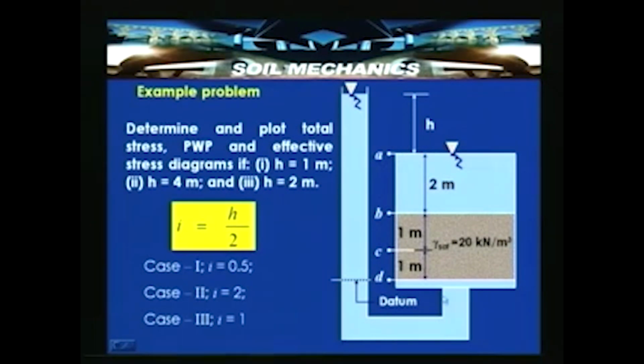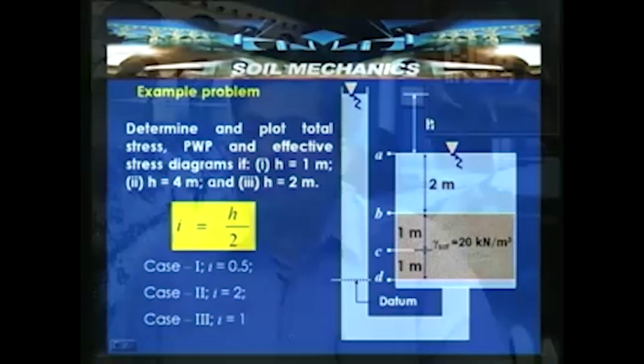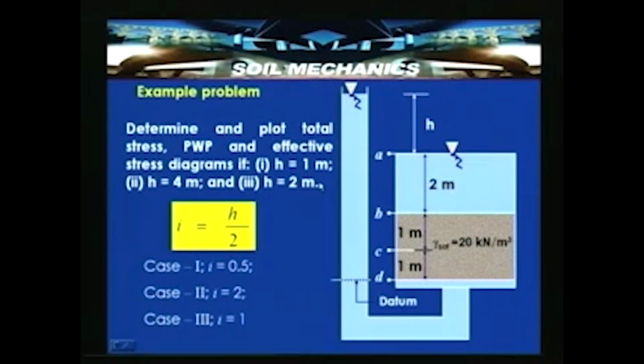The stem is connected, and at a height h above, there is a water level maintained. The problem is to determine and plot the total stress, pore water pressure and effective stress diagrams at A, B, C, D. In case 1, h is equal to 1 meter; in case 2, h is equal to 4 meters; in case 3, h is equal to 2 meters.